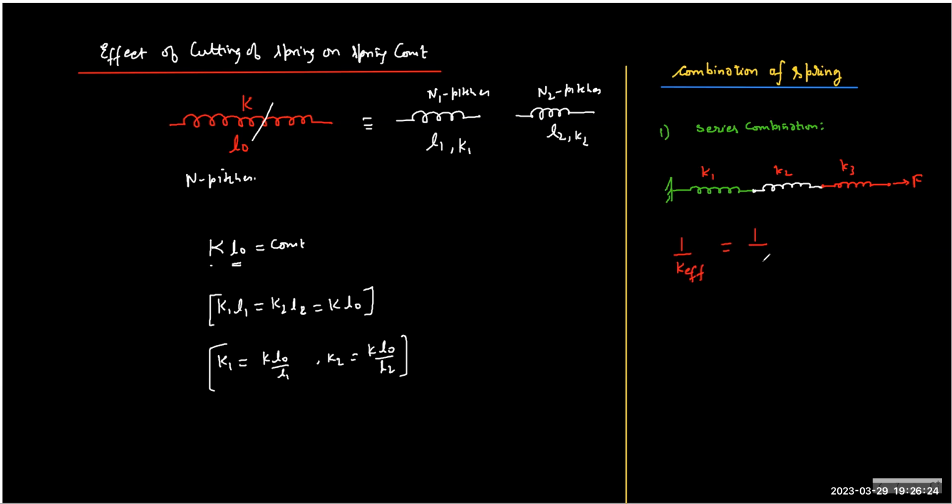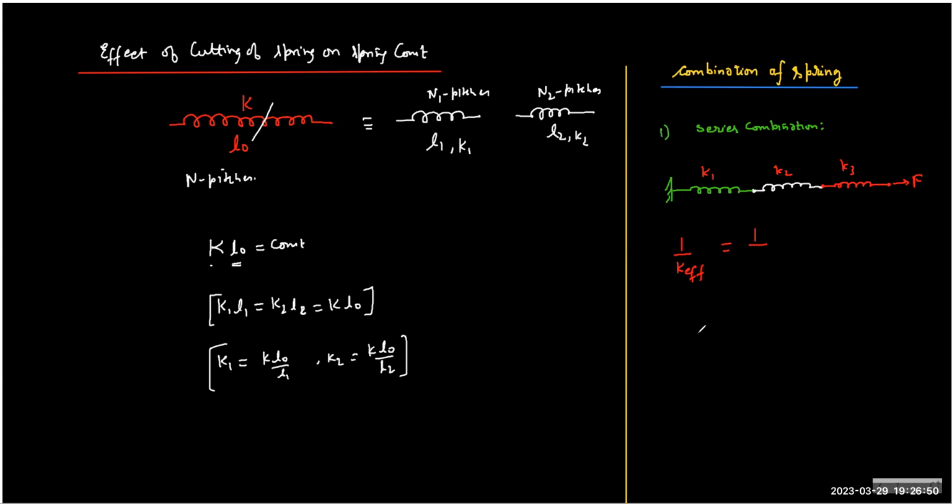If you combine 3 springs, the effective K will decrease. If something is decreasing, its inverse will increase. This is how we remember things, like a memory aid, to retain the concept in your brain.